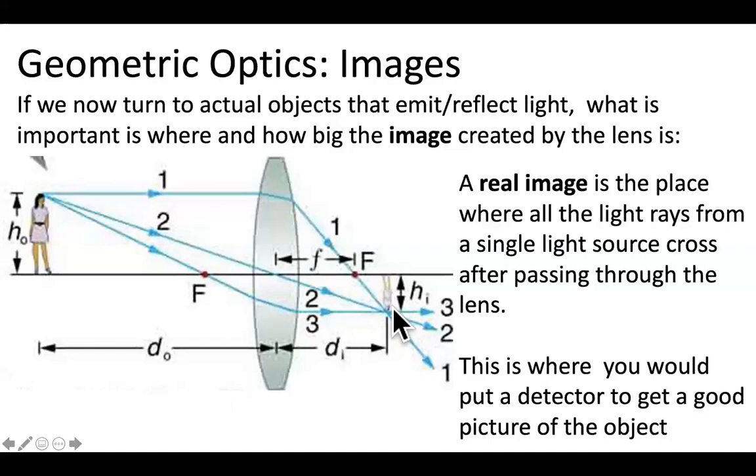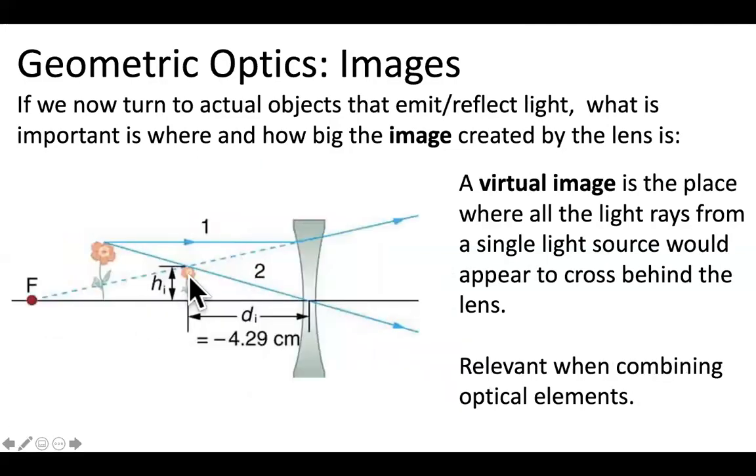So this is called an image. This place where all the rays converge is the place where there is an image of this object. And because that's a real point in space where the rays are really converging, we call that a real image.